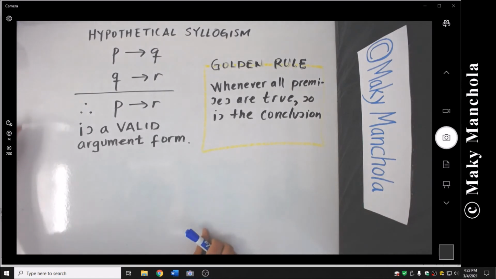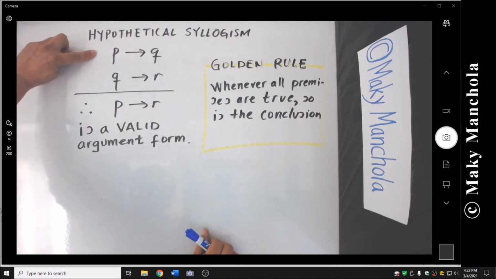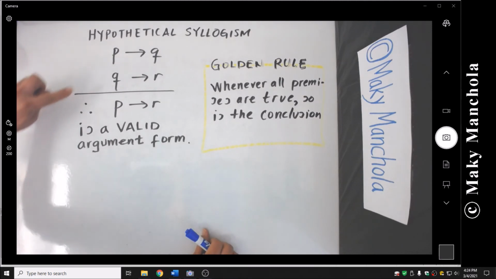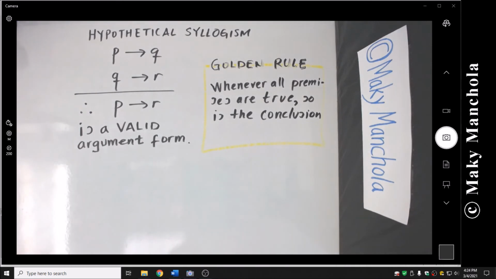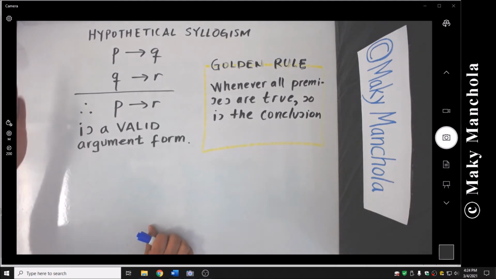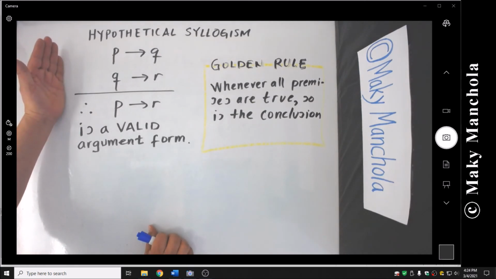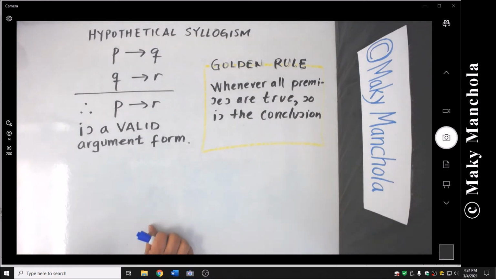Hypothetical syllogism. P implies Q, Q implies R, therefore P implies R is a valid argument form. In order to establish deductively by definition that this argument form is valid, we need to use our definition of what a valid argument form is. That happens to be the golden rule. It says that whenever all premises are true, so is the conclusion.